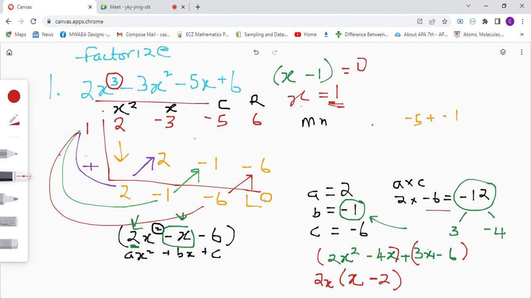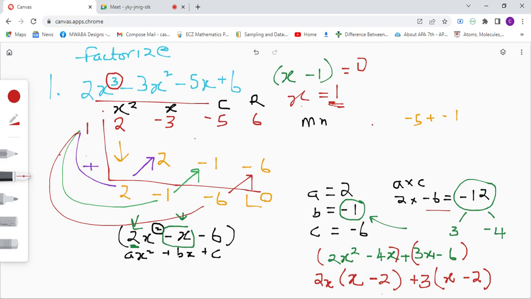Then we come to this side: 3x and negative 6. What is the common factor? It is 3. 3x divided by 3 is x, and negative 6 divided by 3 is negative 2.